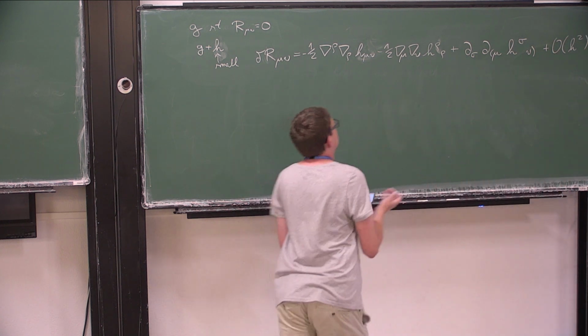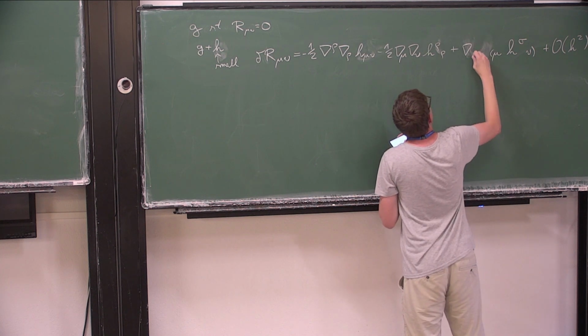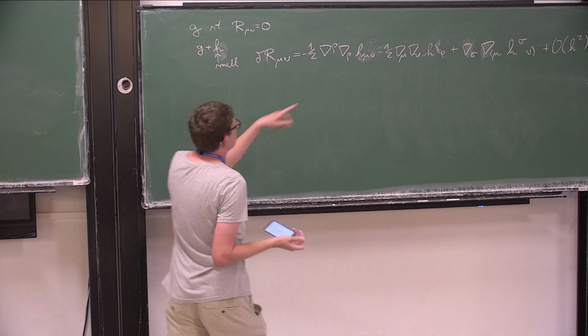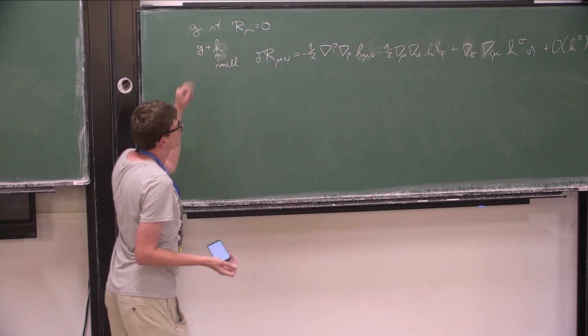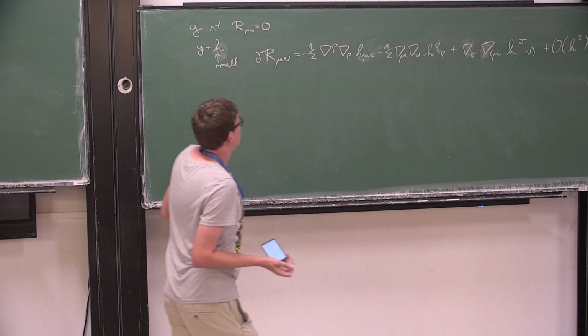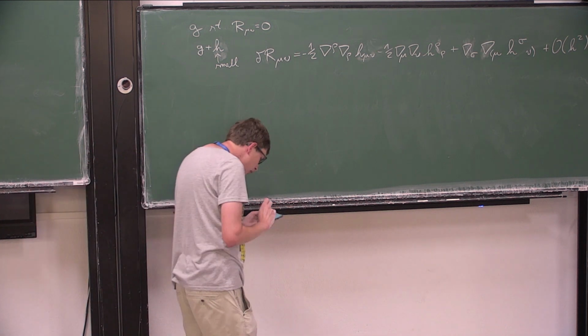So indices are raised and lowered using g. This thing is really, I use h and I raised it using g. So it's just a relatively nasty looking expression.